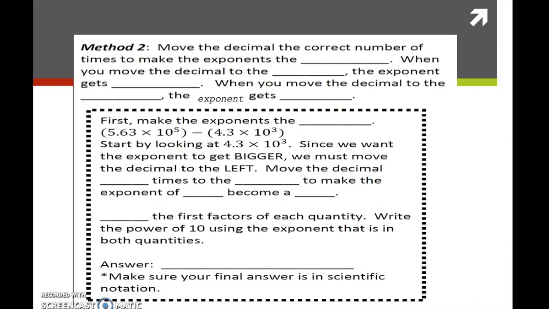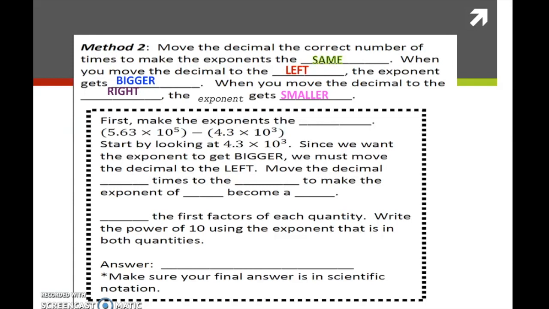Let's look at the second method. The second method wants us to move the decimal the correct number of times to make the exponent the same. When we move the decimal to the left, the exponent gets bigger. When we move the decimal to the right, the exponent gets smaller.